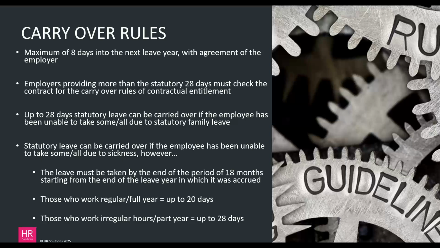I don't know why there's that difference. I can't explain it, but that's a difference in the law, and that's why it's really important to know which category your worker falls in. Now, the carryover leave must be taken by the end of the period of 18 months, starting from the end of the leave year in which it was accrued.